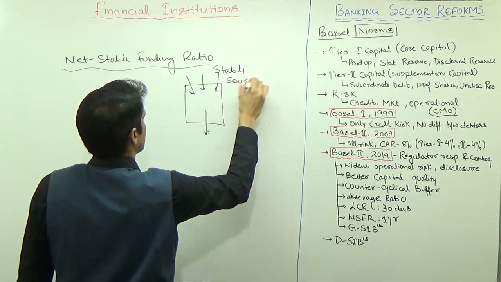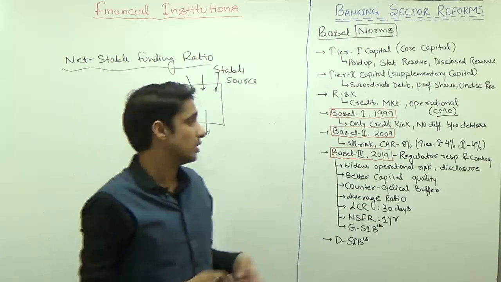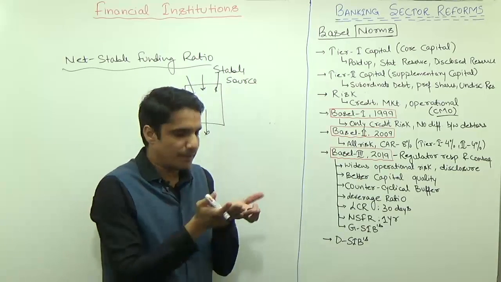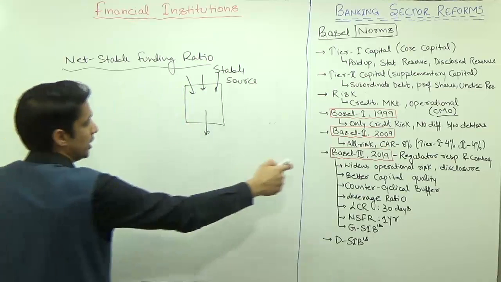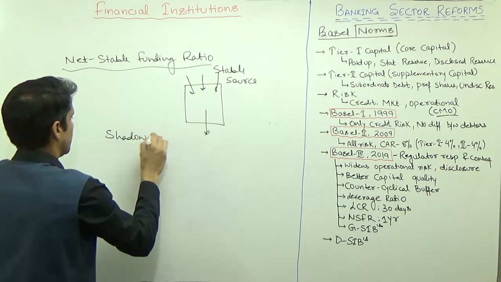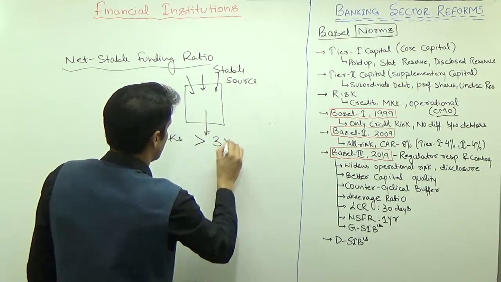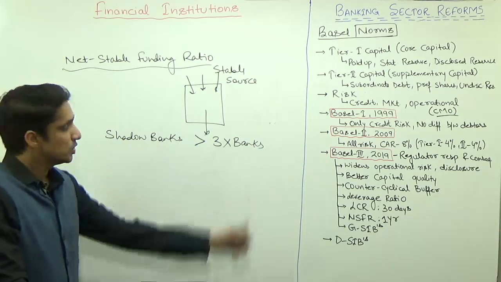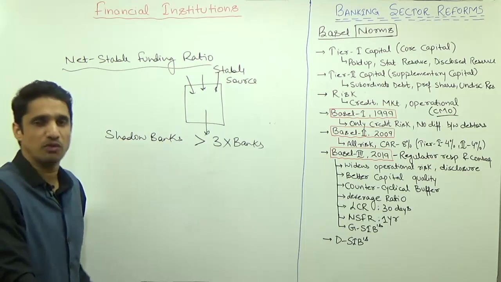One of the major reasons for Basel III, one of the major reasons for the recession, was that in developed countries the banks were undercapitalized. The banks were not having any money because in developed countries the money available with shadow banks was more than 3 times the money available with the banks.